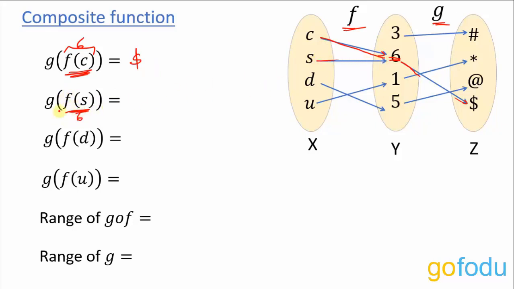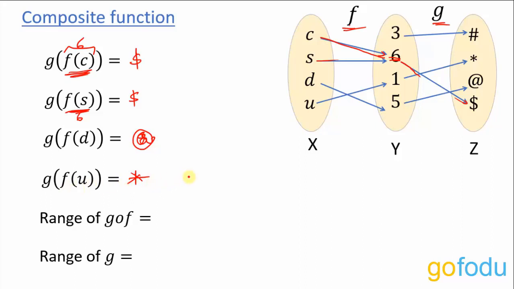G of 6 will be dollar sign again. G of f of d: f of d is 5 and g of 5 is at the rate sign. G of f of u: f of u is 1 and g of 1 is star mark. So g of f of u will be star sign.